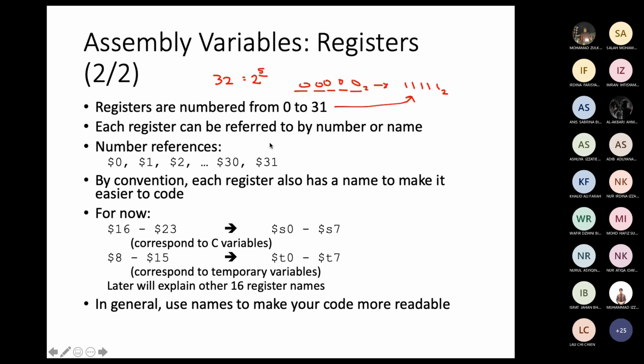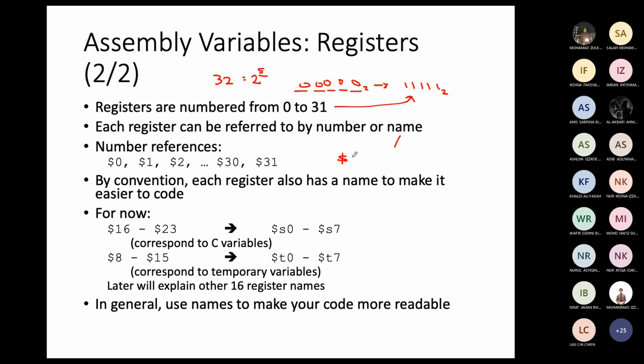If you want to refer using register numbers, we use $0, $1, $2, $30 until $31.